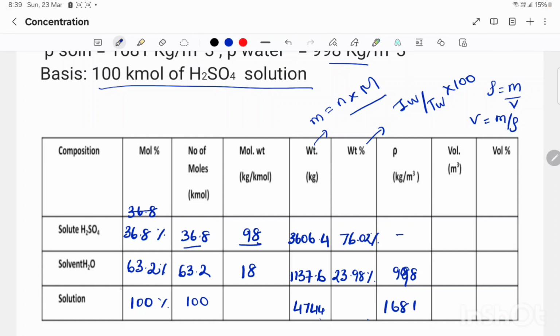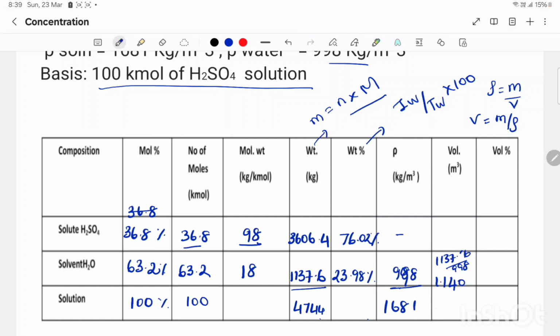So first let us find it for the solvent: 1137.6 divided by 998 gives 1.140.